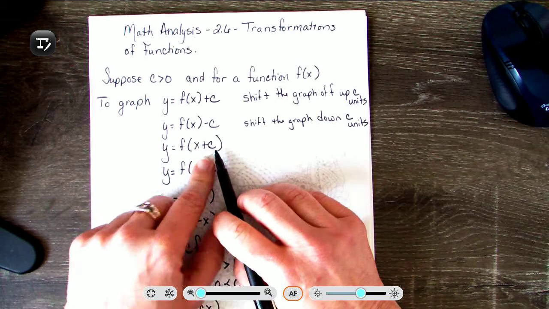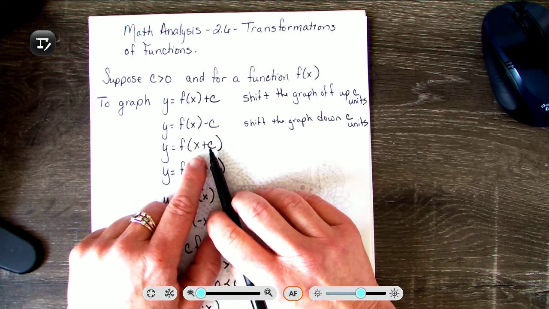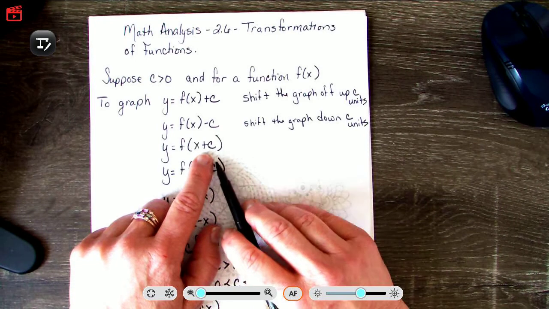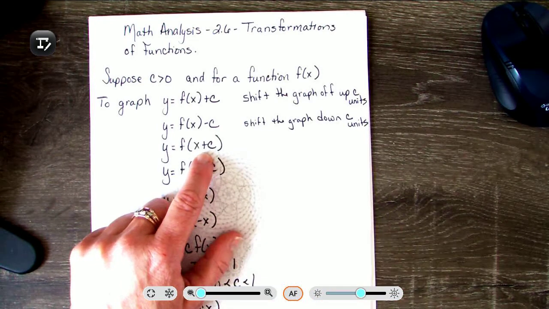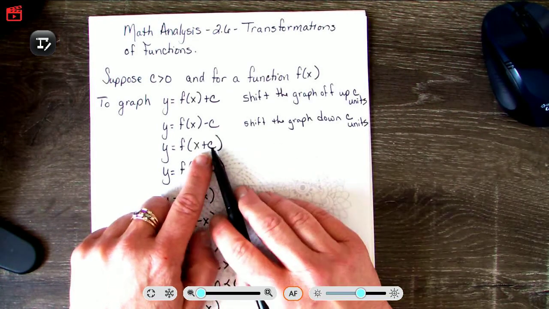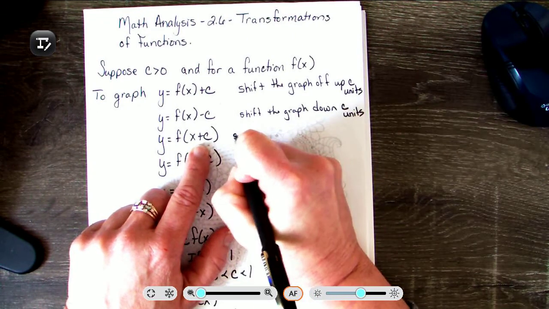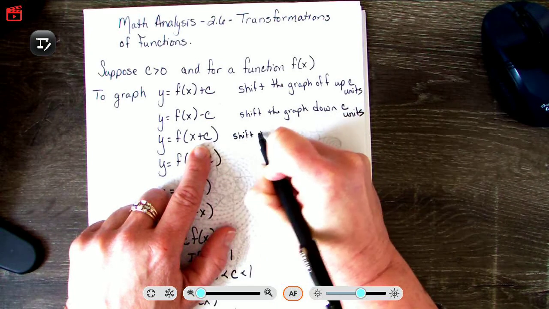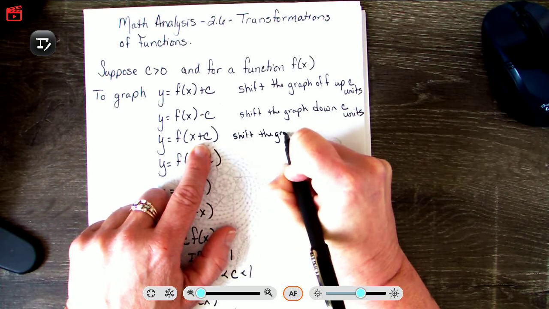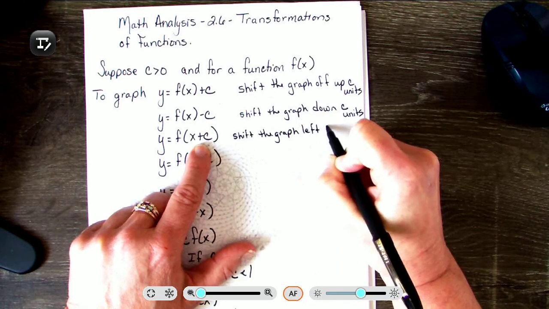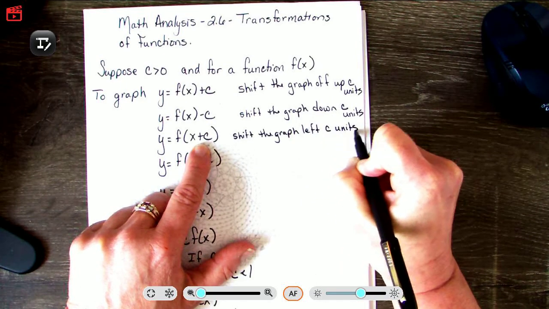When we work inside this function, so if you see a plus c inside the function, and when we go through examples, you'll be able to determine whether we are inside or outside, we're going to shift the graph left c units. It kind of works backwards.